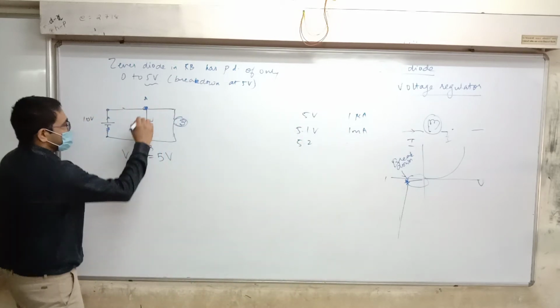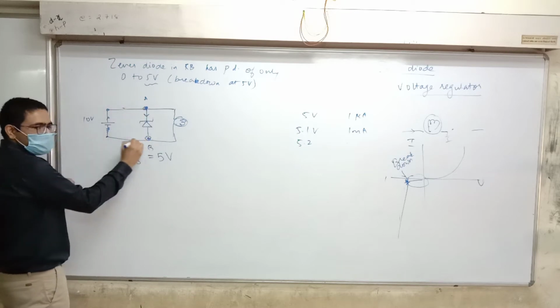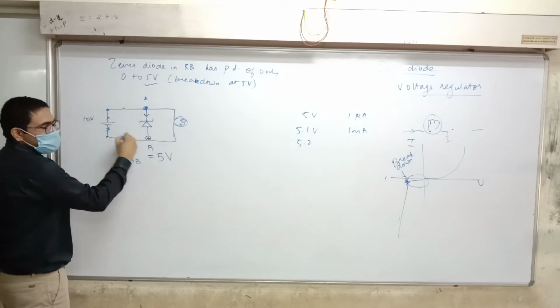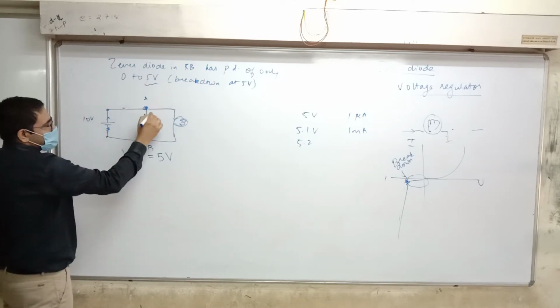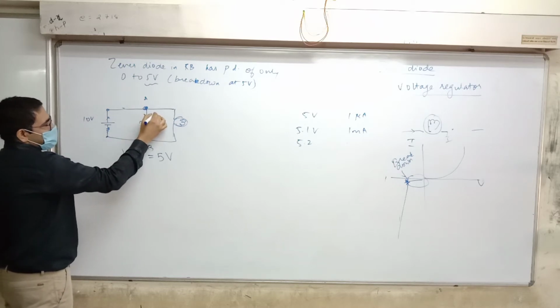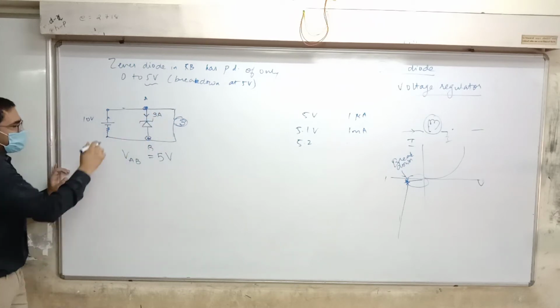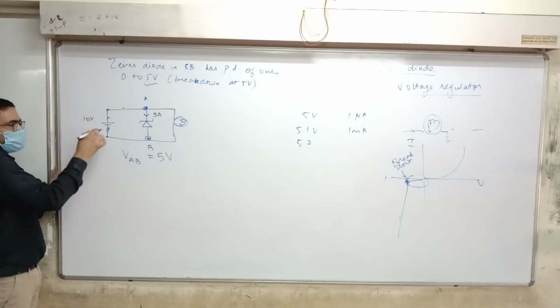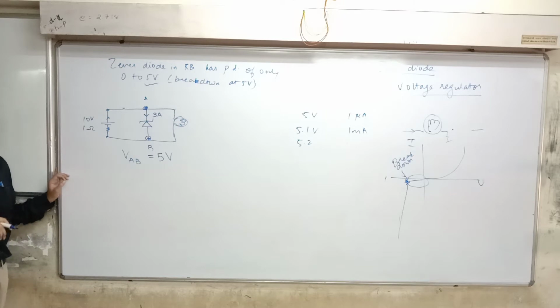So here the current will flow. If this current will increase in the zener diode, what's going to happen? Suppose this current becomes 3 amps, and this is the internal resistance of this cell, let's say only 1 ohm. Do you remember terminal voltage?